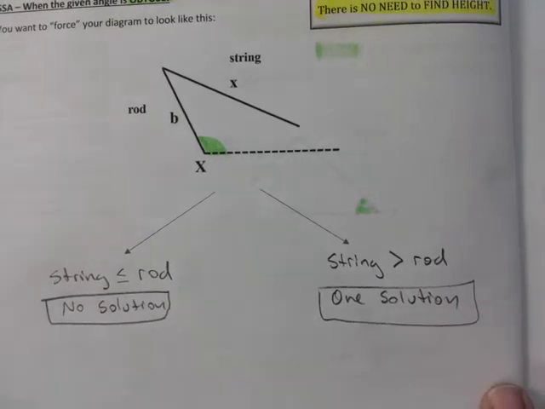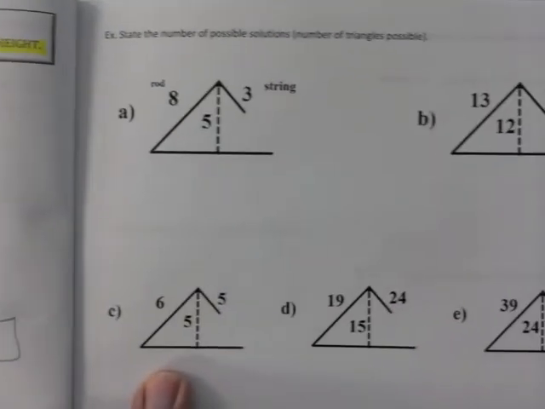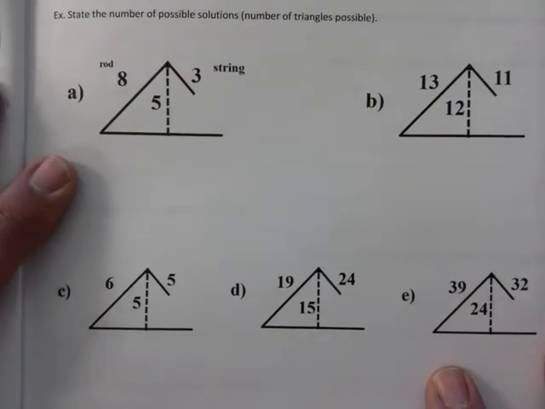So real quick, without doing any calculations here, let's go to 37. Okay, I hope you follow. Go to 37, and we're going to say how many solutions are possible here.